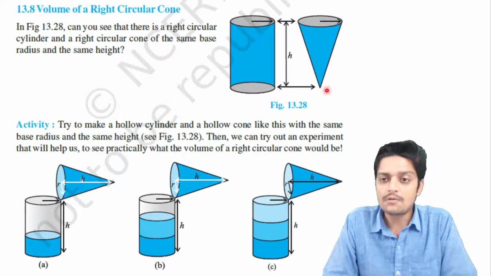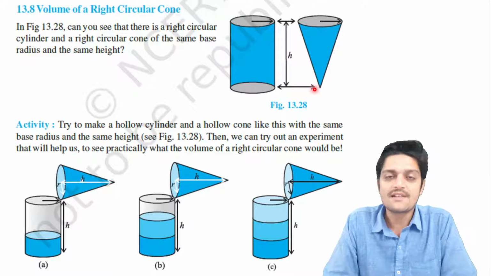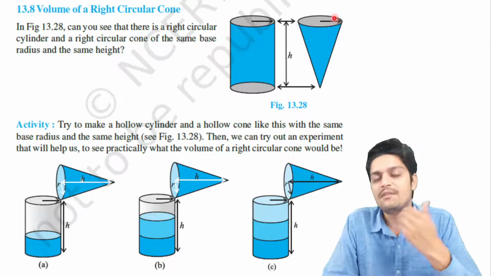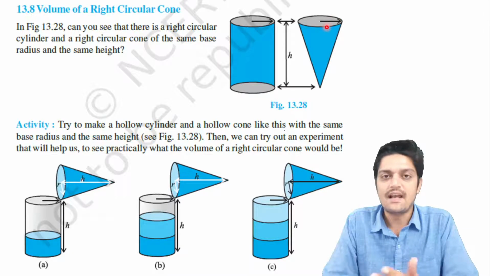But what about the shape which forms on the lower side? Both lines of the cylinder are vertical, but this is not vertical. These are intersecting lines, which we learned in our previous chapters, lines and angles.